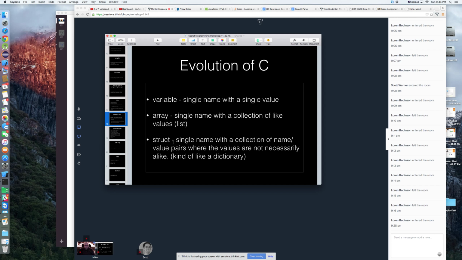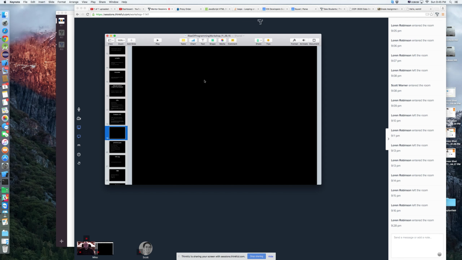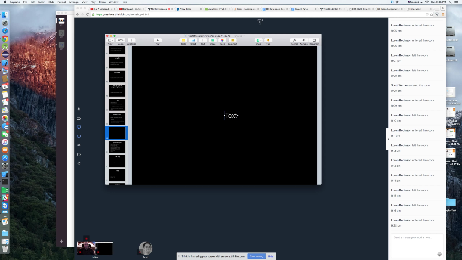So we mentioned that a struct is a single name with a collection of name-value pairs, but the values don't have to necessarily be the same. And let me show you an example of a struct. I'll create a little text thing here, and let's make it a person. That way we can have a couple different types.